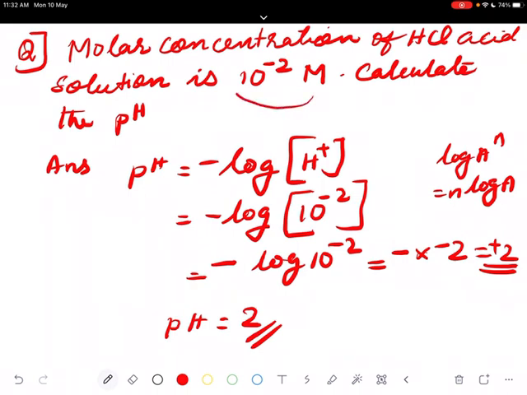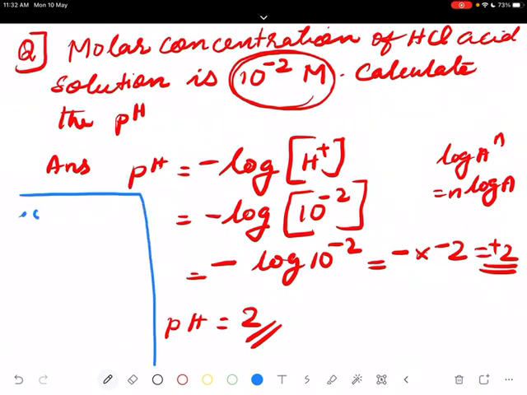Now instead of giving this molarity, they may say 0.02 mole of hydrochloric acid in 2 liters of the solution. In the same question, you have to first find out the capital M, that is molarity.